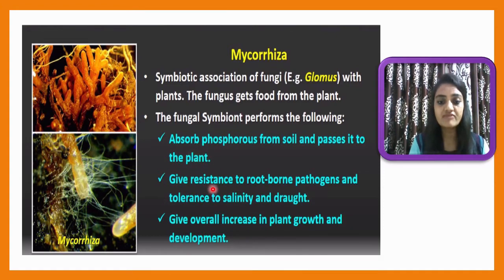It gives resistance to root-borne pathogens and tolerance to salinity and drought. This is also a very important point. It gives an overall increase in plant growth and development. So these are all functions of the fungi symbiotically associated with the roots of the plant.